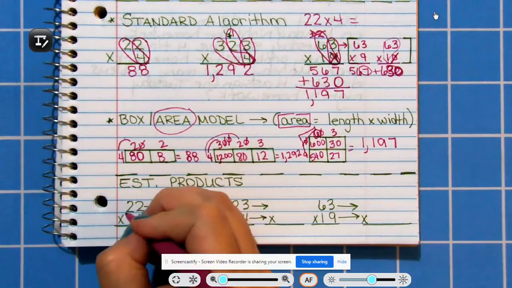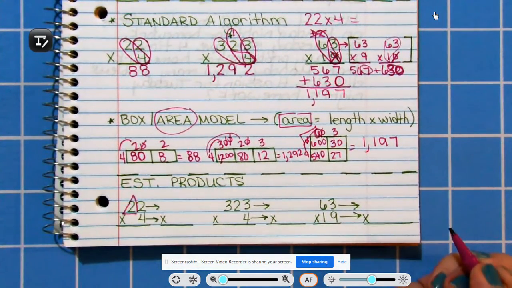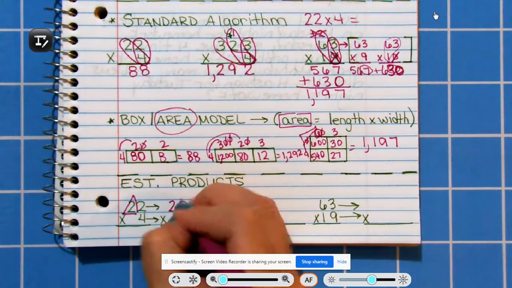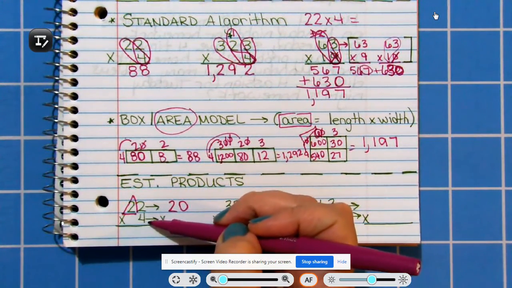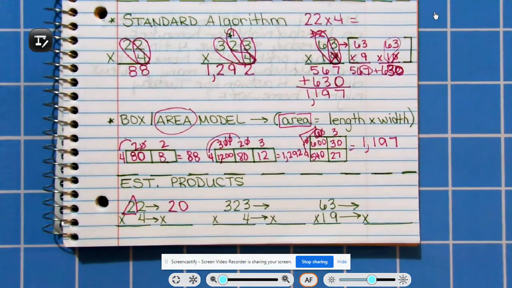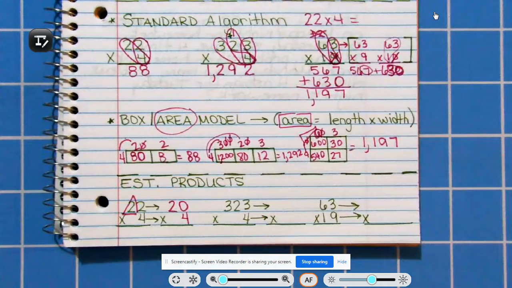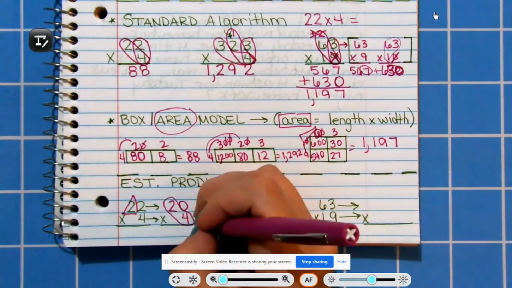So 22 would round to 20. And if you remember, we wrote this in our notebook: never, ever round a 1-digit number. We're going to leave that for a 4. Find your hidden fact, which is 4 times 2.